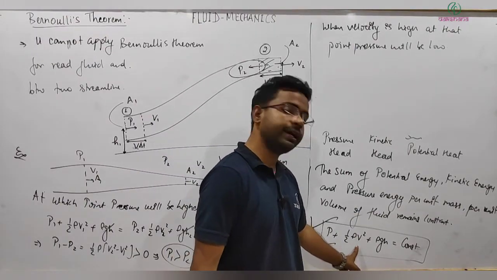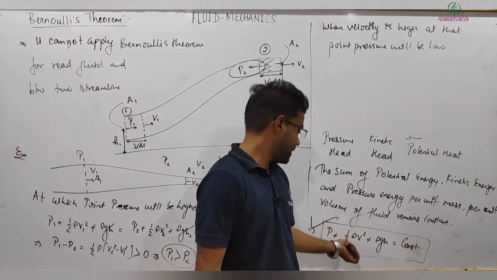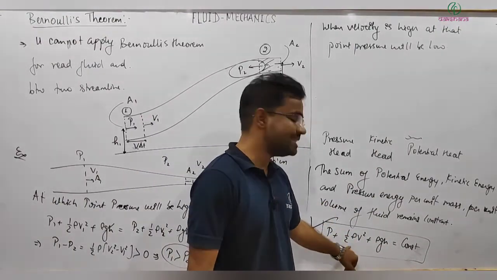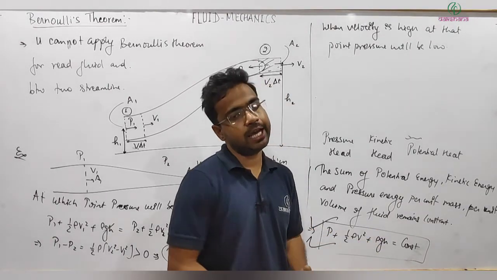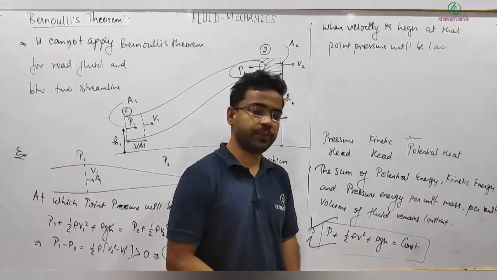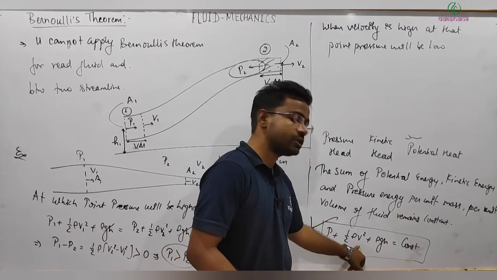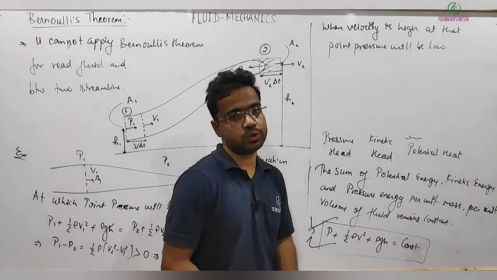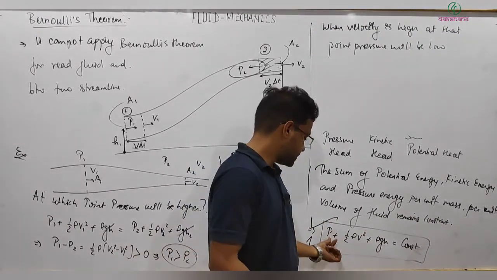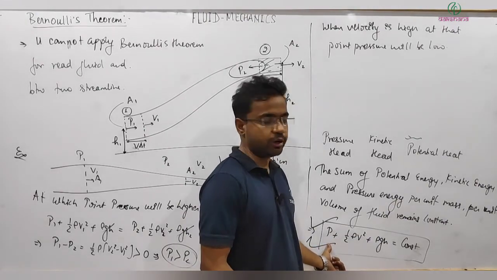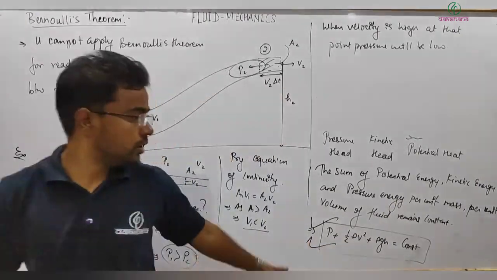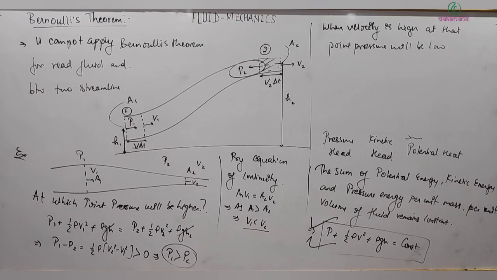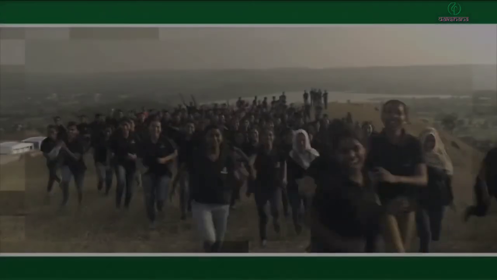For pressure head, kinetic head, and so on, when it is asking about head, you need to divide by rho G. So it will be H, V square by 2G, and P by rho G. That will be your pressure head. This is energy per unit mass, per unit volume. So this is all about Bernoulli's principle. Next, let's talk about the applications of Bernoulli's principle.